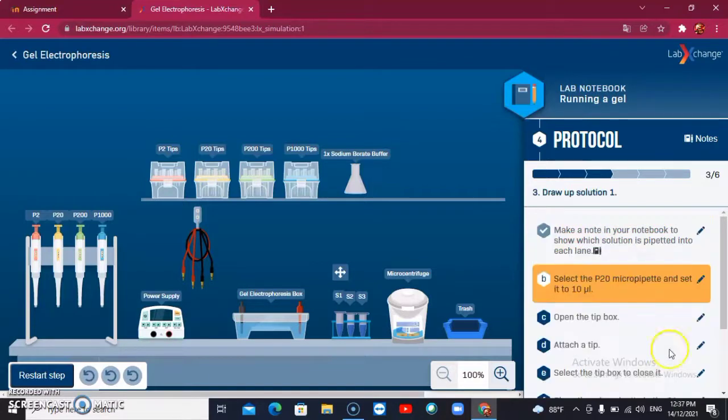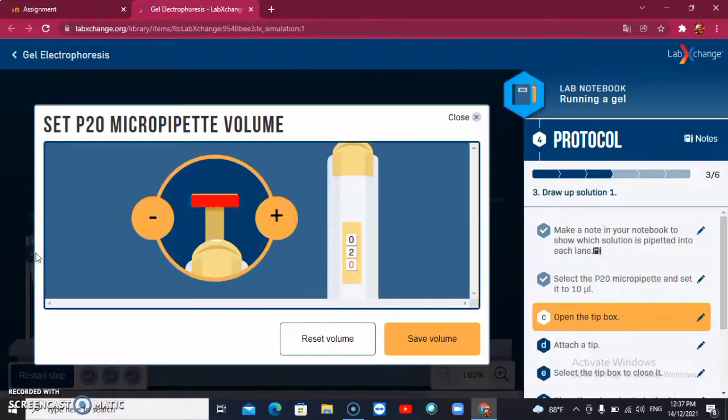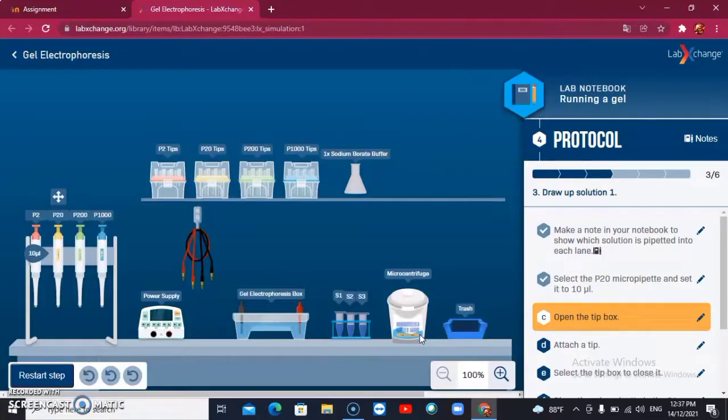Now save the note. Select the P20 micropipette and set it to 10 microliters. Save the volume.